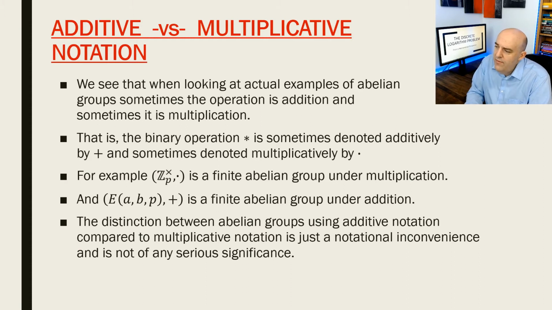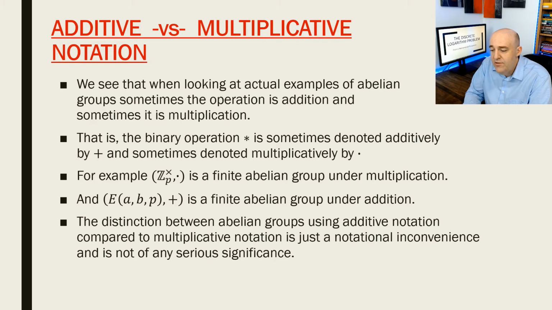So when we look at specific examples of abelian groups in the real world, we see that sometimes the abelian group uses a plus for its operation, and sometimes it uses multiplication for its operation. So in other words, the binary operation star is sometimes denoted additively with the plus symbol, and sometimes it's denoted multiplicatively with a dot. So we've seen this.